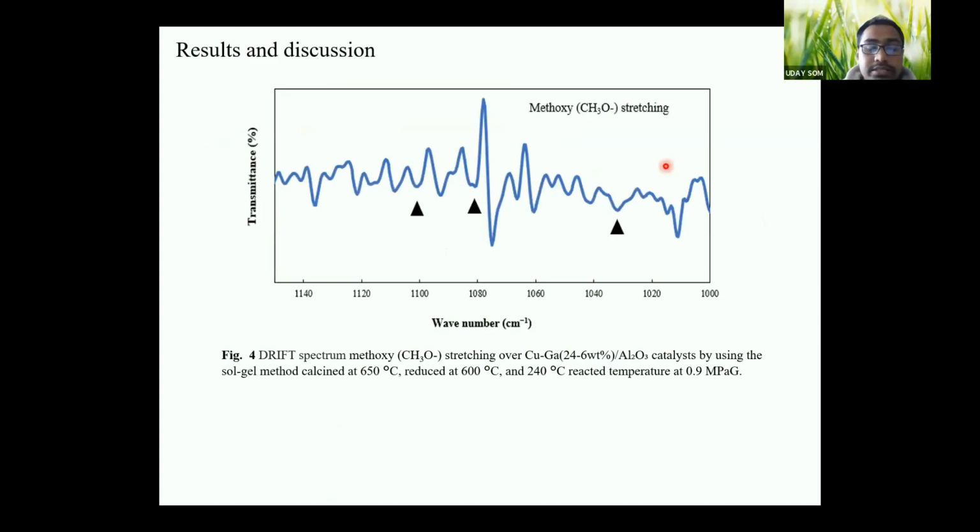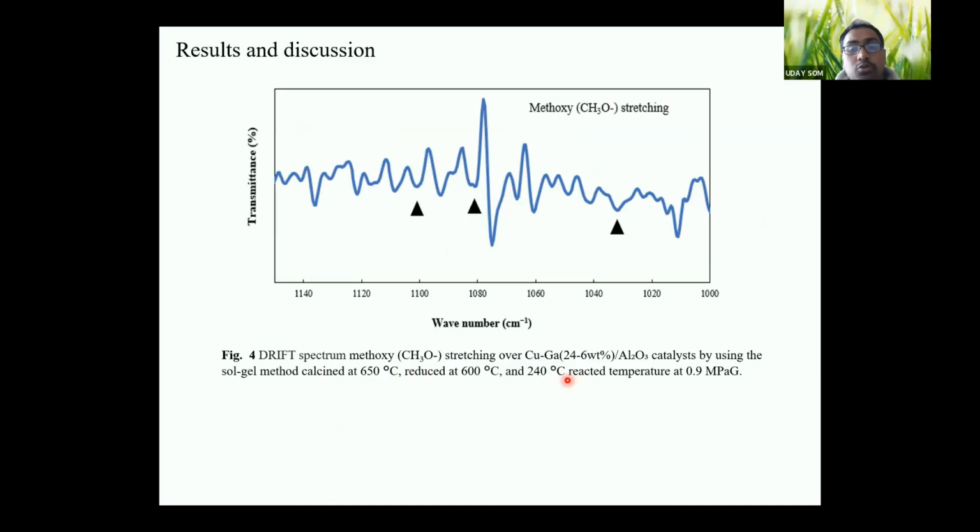In these slides, I try to show the DRIFT spectra of the methoxy stretching over the copper gallium aluminum oxide catalyst made by the sol-gel method. I show the methoxy calcined at 650 degrees centigrade, reduced at 600 degrees, and reacted at 240 degrees.